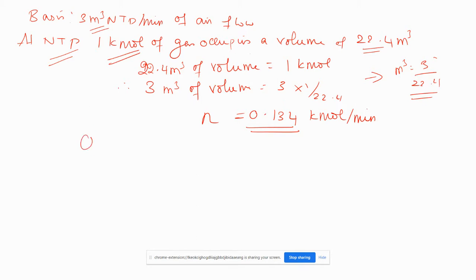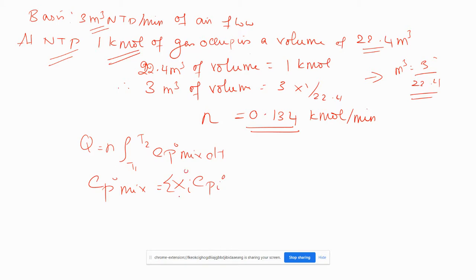That is, Q is equal to N into the integral from T1 to T2 of Cp naught mix dt. First you have to find the Cp naught mix, that is sigma xi Cpi naught.